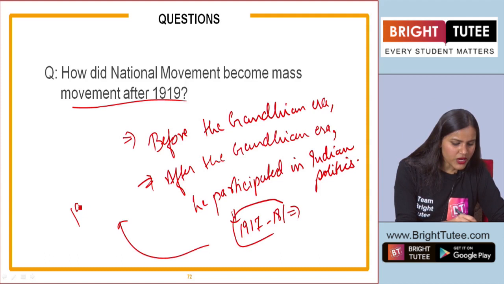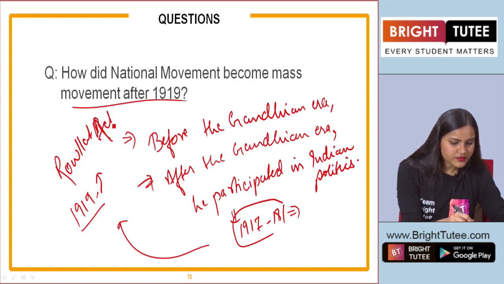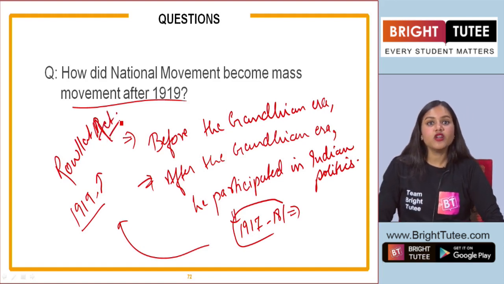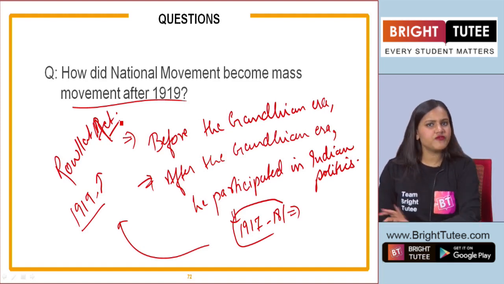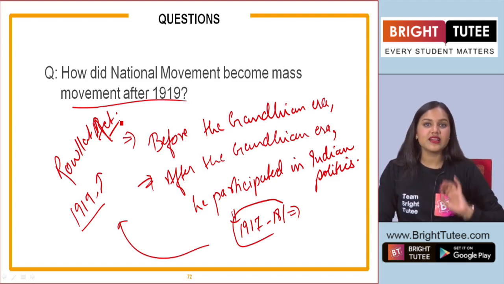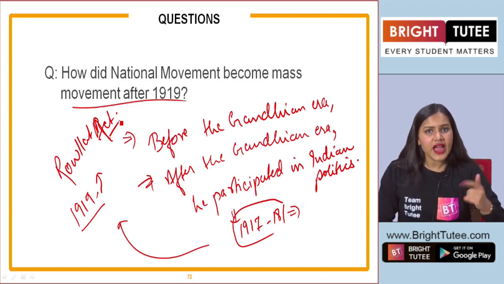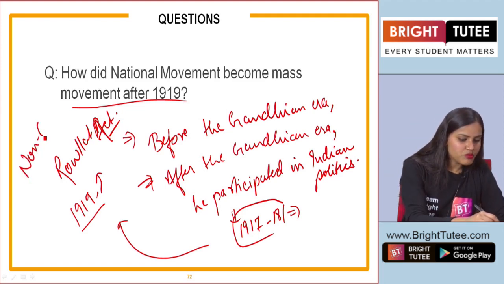But it was only in 1919, after the Rowlatt Act was passed, that Gandhiji called for a nationwide hartal, in which people from different areas across the country participated, in this Rowlatt Satyagraha, and eventually they fought in the non-cooperation movement.